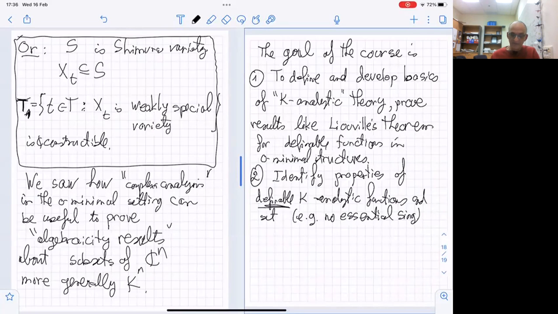Three, as a result of that, I hope to say something about the so-called definable Chow theorem. I will not write it, but I'll say it in words: every definable K-analytic subset of K to the n is algebraic.